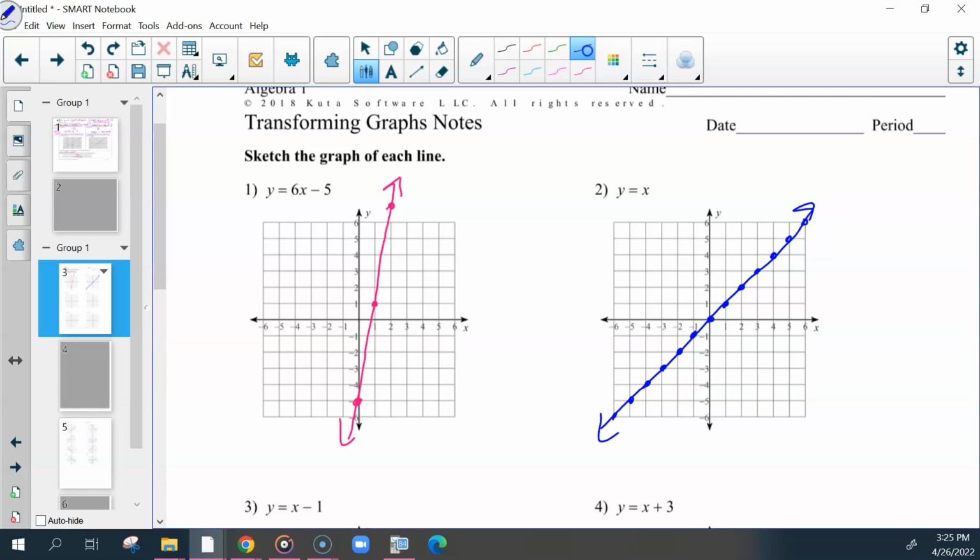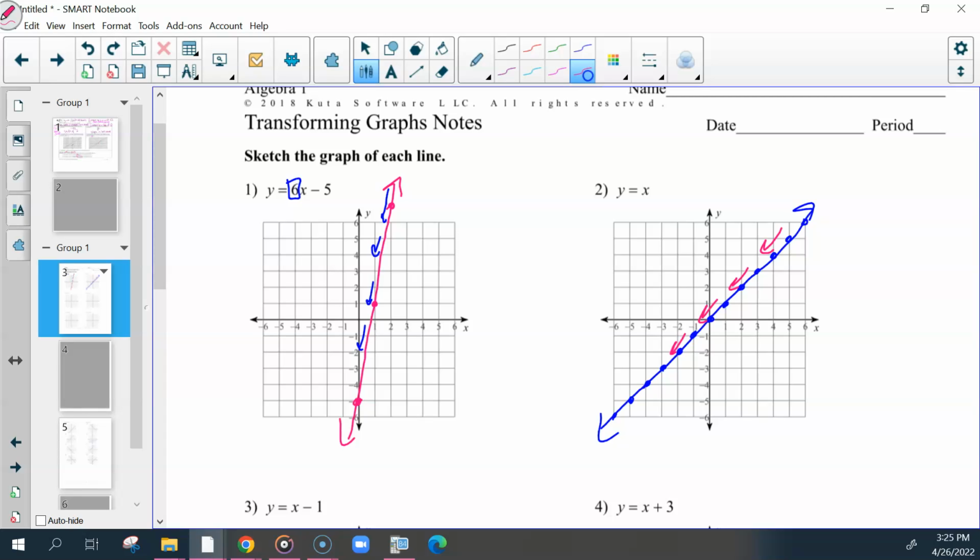So if I'm comparing 1 to 2, where 2 is the original, I can see that my slope has changed. It's now 6. If I were going down this or sledding down this, let's say this way, that'd be pretty scary because it's almost like a straight drop. Whereas if I'm sledding or whatever down this, you'd go fast, but not as fast as this number 1.